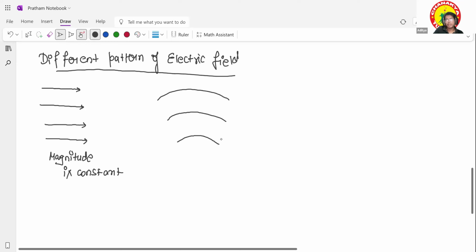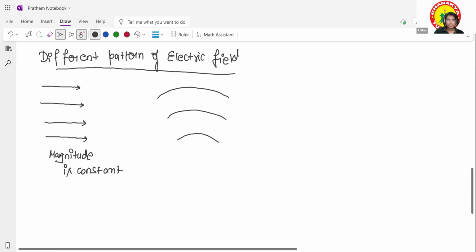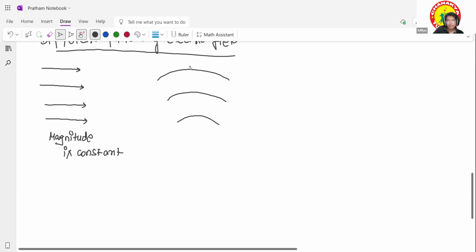What do you think about the magnitude? Will it be different or constant? It should be the same. Yeah, the magnitude is the same, it is constant. Okay, let's talk about the direction in both cases. I'll put a tick or not. So the magnitude is constant. What about the direction?